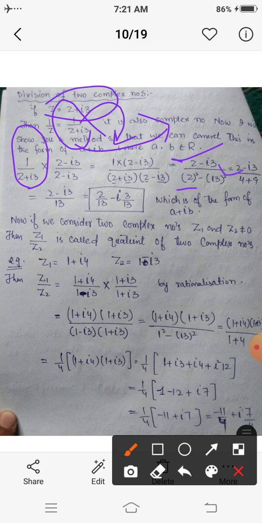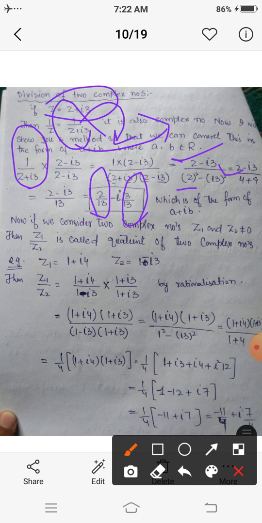Now this is of the form 2 minus iota 3 upon 13, that is 2 upon 13 minus iota 3 upon 13. Clearly 2 upon 13 is real, so it is a, and 3 upon 13 is b. So the real part and the imaginary part of the complex number 1 upon 2 plus iota 3 are 2 upon 13 and minus 3 upon 13.